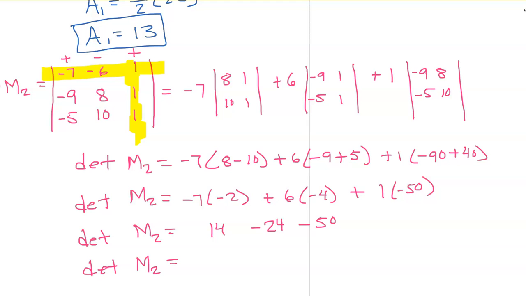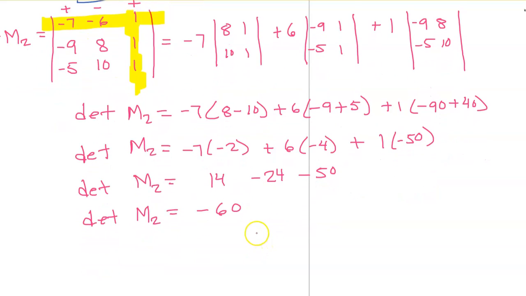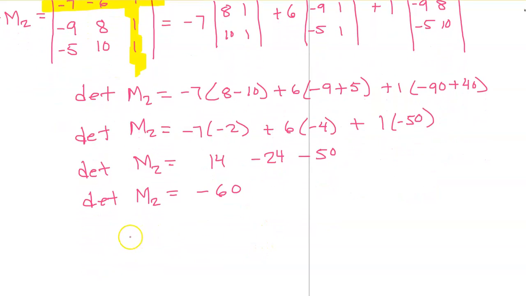So the determinant is -60. So that means if I want the area of the second triangle, I'm going to do half of this, and I'm going to ignore the negative and always put positive. So the area of the second triangle is 30.